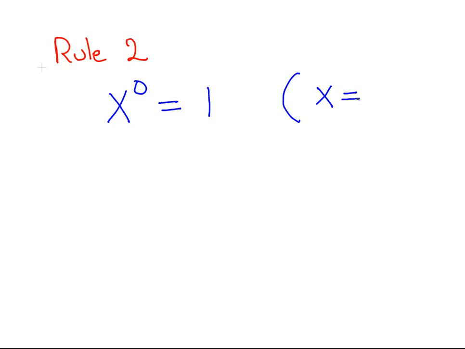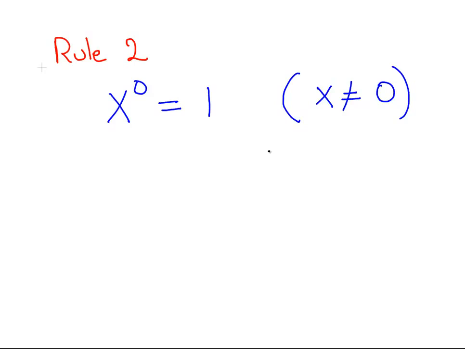So the second rule we're going to look at is anything to the power of 0. This is a quick one. This is what we call rule 2. x to the power of 0 is 1, with a little caveat there, as long as x is not 0 itself. 0 to the power of 0 is not defined.